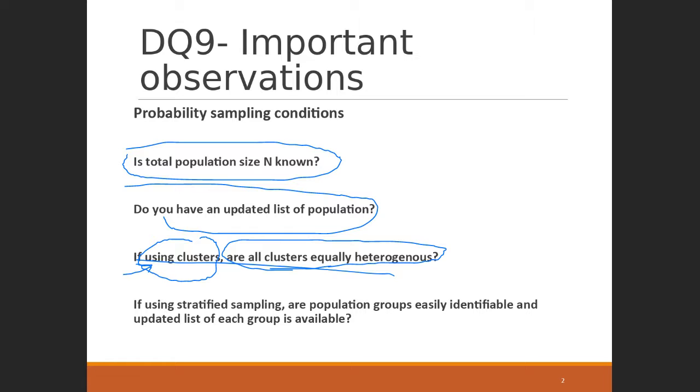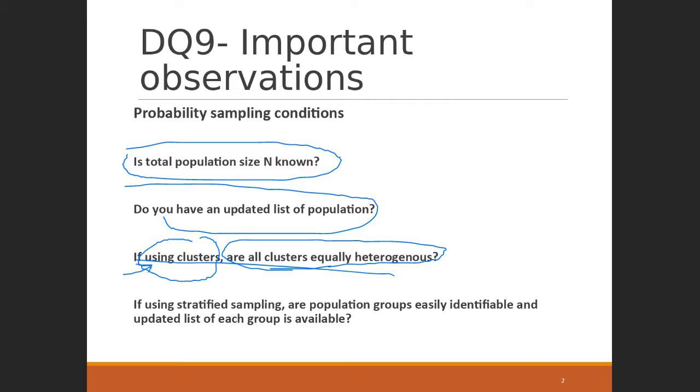If some students belong to large cities, some to tier-two cities, and some to smaller cities, and their proportion is similar in all four sections, then we can safely assume that all four sections are equally heterogeneous. If all these characteristics are found in similar proportion, our sections have equal heterogeneity. Then I can choose a single section or cluster randomly and recruit all students of that single section in my sample.